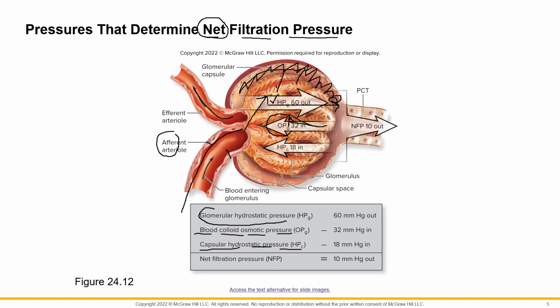That pressure that builds up inside your capsular space is called capsular hydrostatic pressure. Typically the mean blood pressure of blood going through the afferent arteriole is about 60 millimeters of mercury. Now the two opposing pressures here, the blood colloidal osmotic pressure ends up being 32 millimeters of mercury, and the capsular hydrostatic pressure 80 millimeters of mercury.